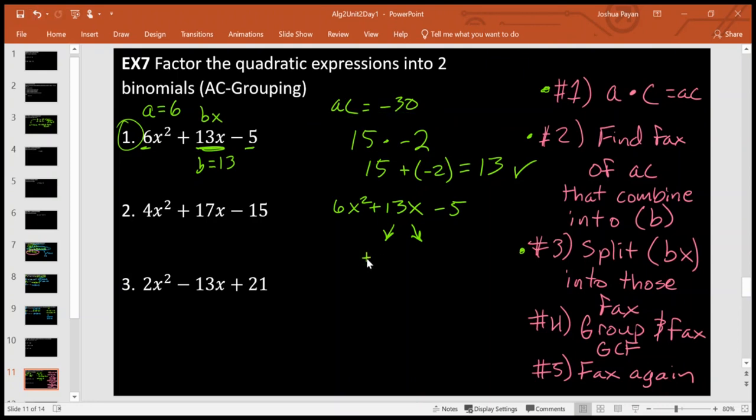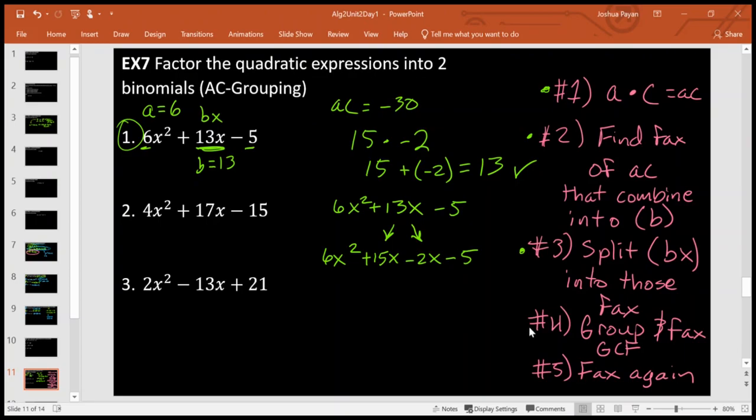So it becomes a plus 15x and a minus 2x. So the positive 15 comes from here, and the negative 2x comes from here. Okay, and then bring everything else down. So C is still minus 5, and ax squared is still 6x squared.